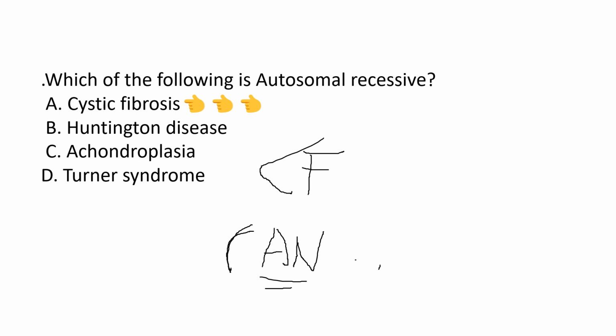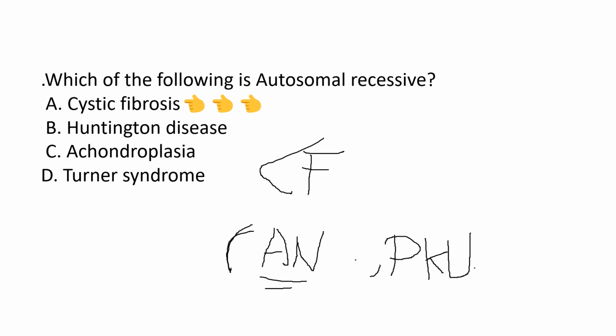Then what do we have? Phenylketonuria, PKU. And Huntington's disease is autosomal dominant, and achondroplasia is also an autosomal dominant disorder.